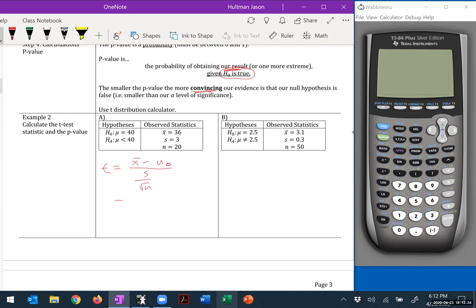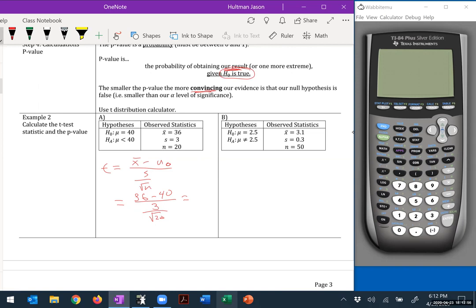We're going to plug in our values here. X bar is 36. What's the mu that we're testing against? The mu that we're testing against is 40. So this is going to be 36 minus 40 all over s, which is 3, over the square root of 20.